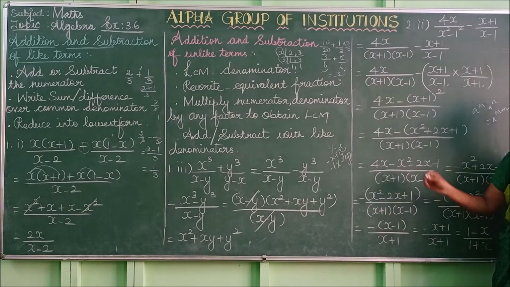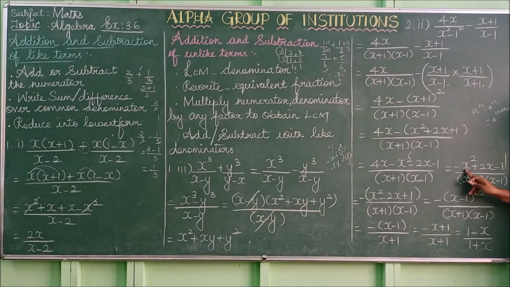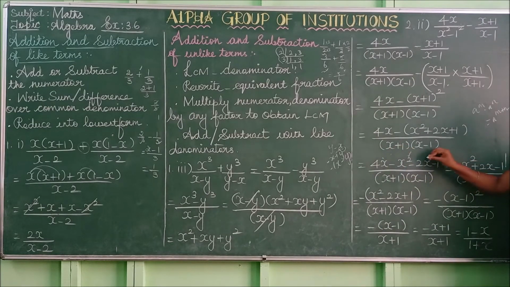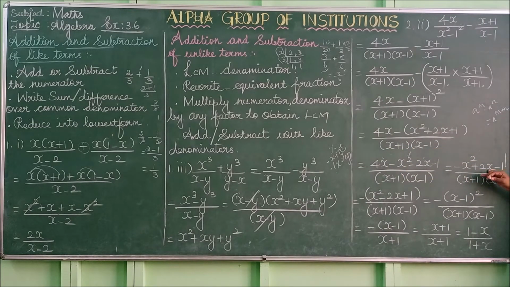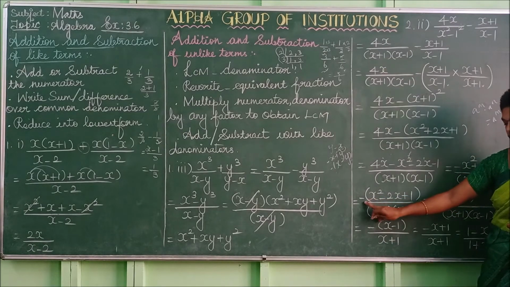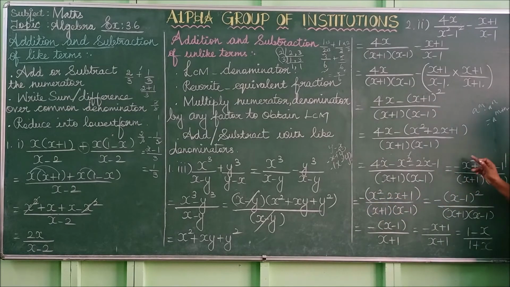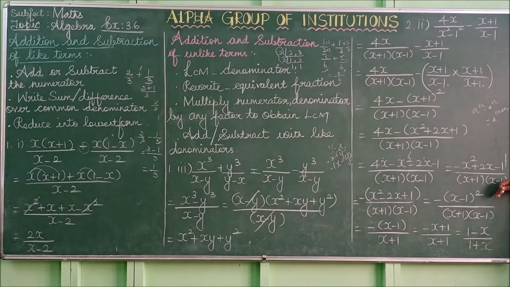Listen, here x squared is the first term, so you can write minus x squared. Then 4x minus 2x is plus 2x, then minus 1. Since x squared is negative, I am taking that minus outside, so all the signs change: x squared minus 2x plus 1, over the denominator x plus 1 into x minus 1.